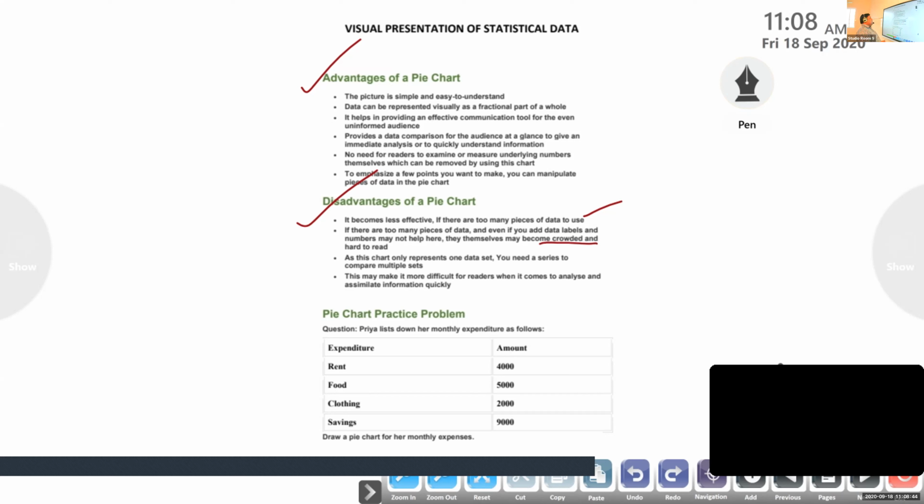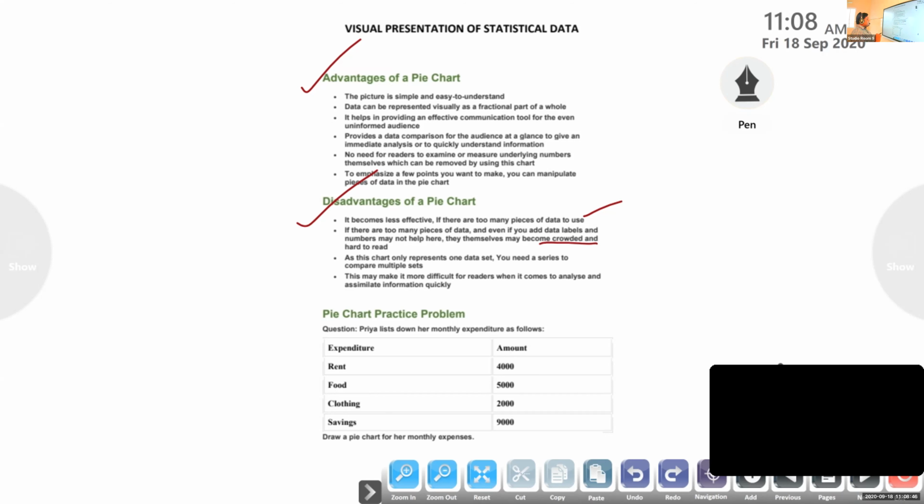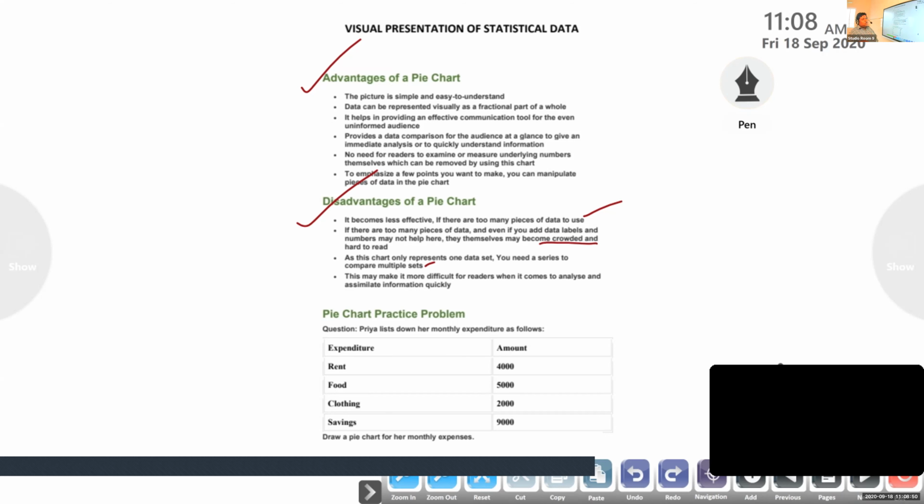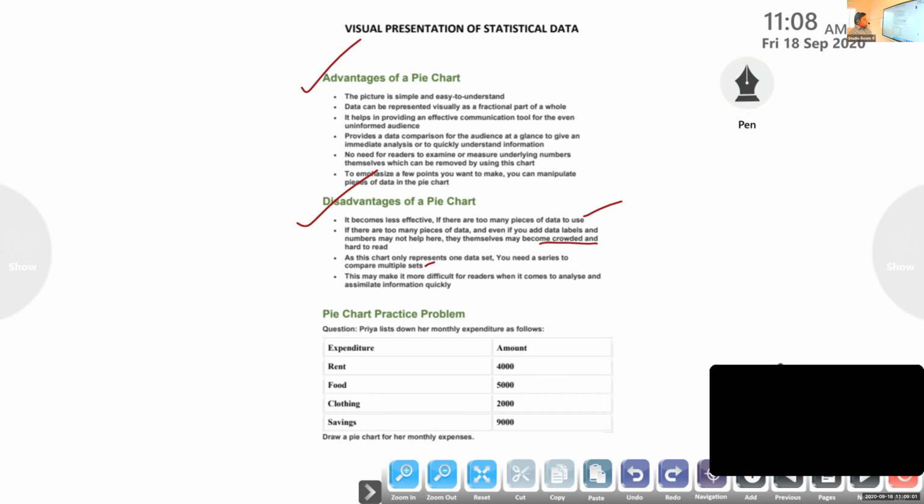As this chart only presents one data set, you need a series to compare multiple sets. So one pie chart always represents one set of data. If you want to compare various sets of data, basically we require many pie charts.